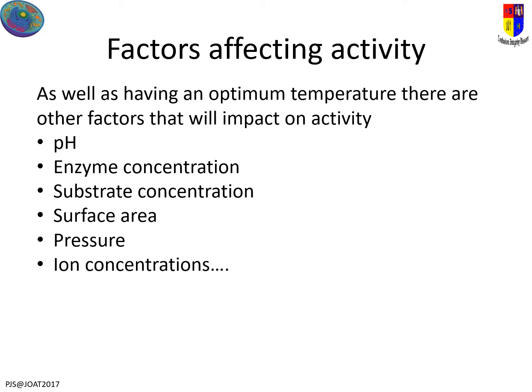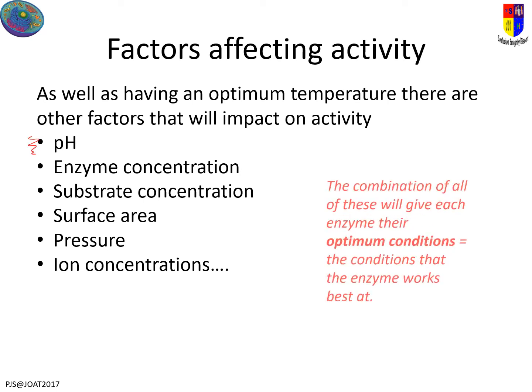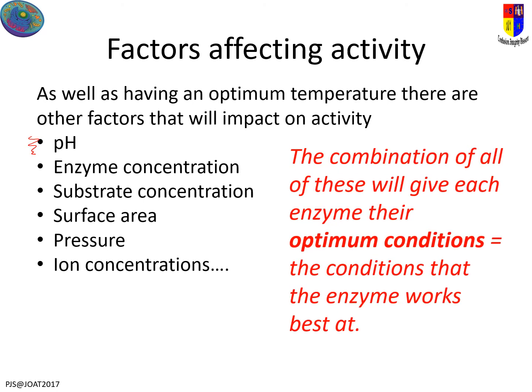And ions, because they can change how well enzymes work. So all of these have potential for affecting it. This is the one that you're going to need to know another graph for. When we take all of them together, then we can say that we found the enzyme's optimum conditions, everything about it that says this is the best.